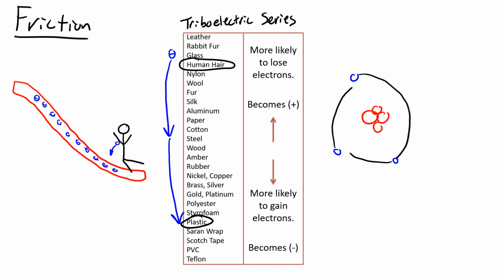Even if you just lose one, what is your net charge now? Well, you have 4 positive things and only 3 negative things. So you have more positive things than negative things. So by losing an electron, you become net positive. You have more protons than electrons. So you're left with a positive charge.